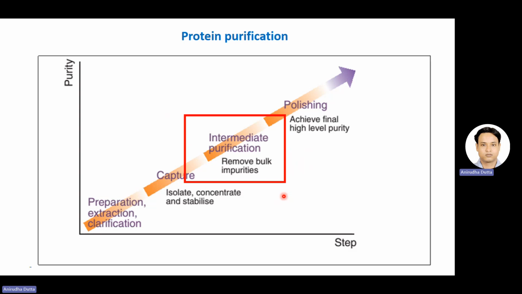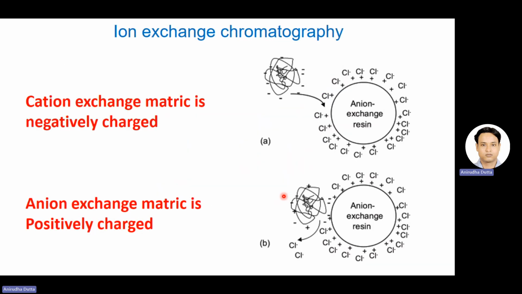In that capturing step, we discussed IMAC, the immobilized metal affinity chromatography, and the ammonium sulfate precipitation method. So now we are going to move to the intermediate purification step. Here, one of the methods that we are going to use is ion exchange chromatography.